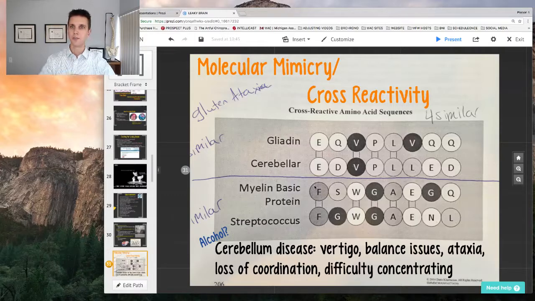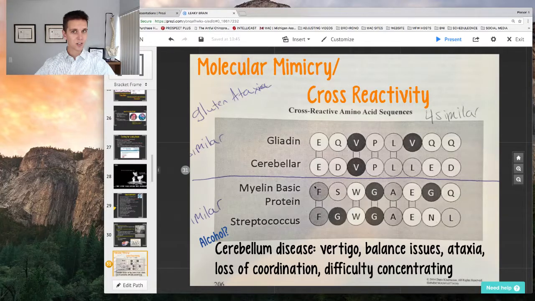If you've heard of multiple sclerosis, unresolved, ongoing multiple sclerosis could be caused by an ongoing, undetected, unidentified streptococcus infection.